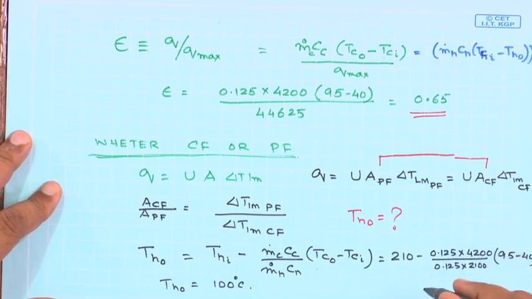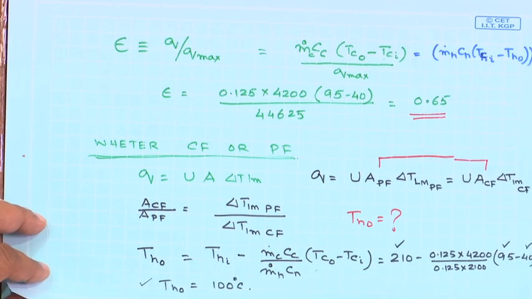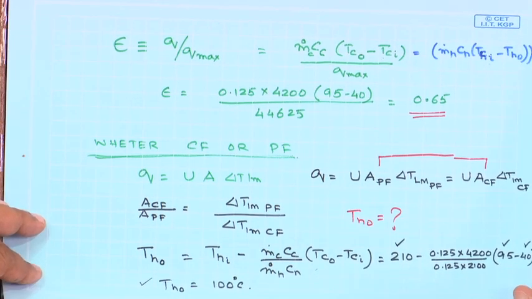Therefore, I now know the temperature of the hot fluid at the inlet, the temperature of the cold fluid at the outlet, the temperature of the cold fluid at the inlet, and the temperature of the hot fluid at the outlet. Since 4 temperatures are known to me, I would be able to calculate the log mean temperature difference when it is in parallel flow and when it is in counter flow.